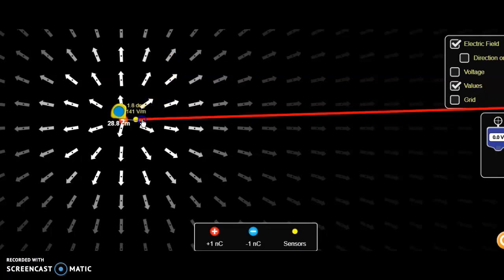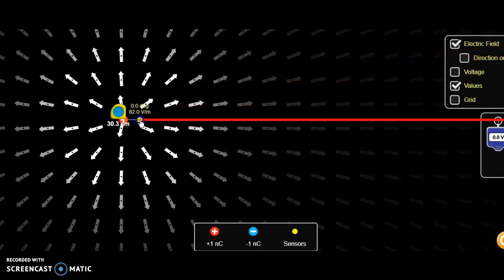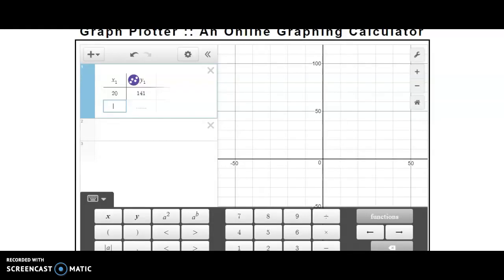Let's try to find 30; we don't have to be very accurate here. At 30 centimeters away from the charge, the value of the electric field is 78.3. From here, you have to think about whether it is a direct or indirect relationship.